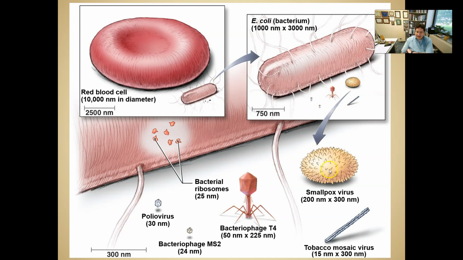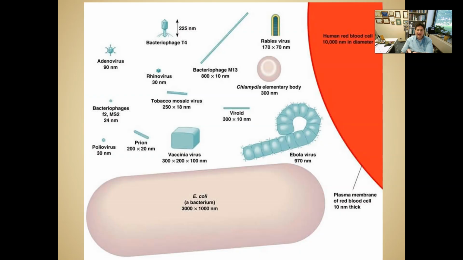So if we zoom in on that, you can see how tiny those are. It's incredibly small. Here again, we see the red blood cell, just a portion of it shown here, and E. coli here. Look at how small these viruses are.